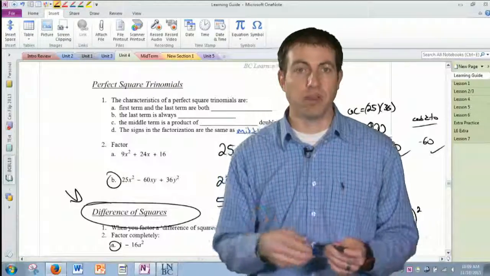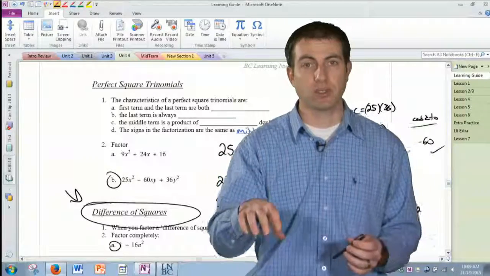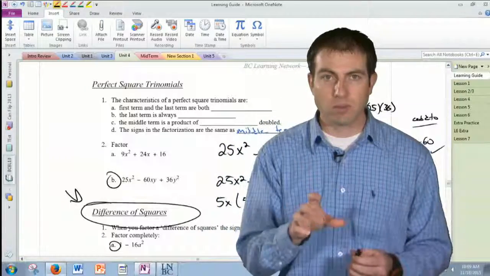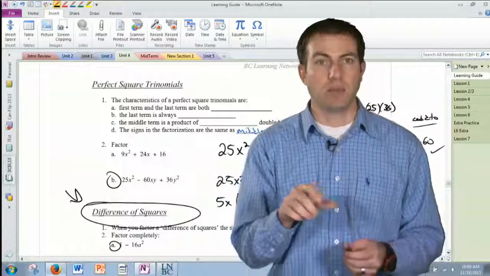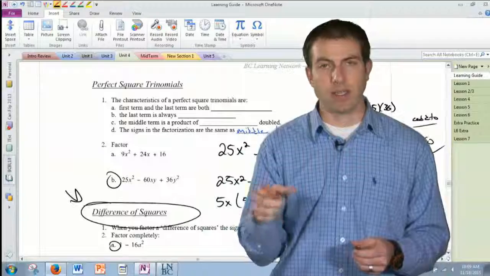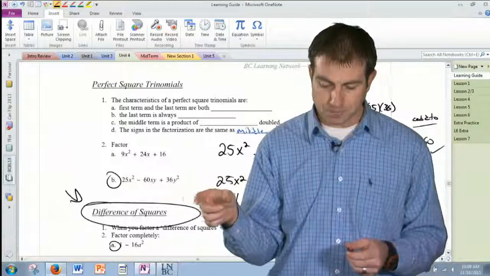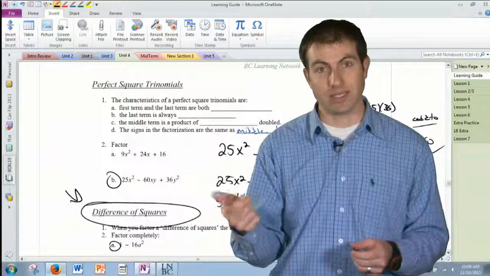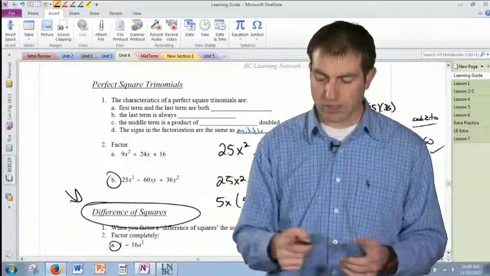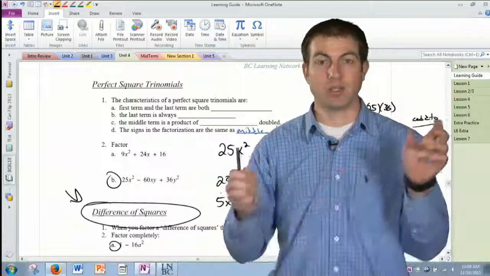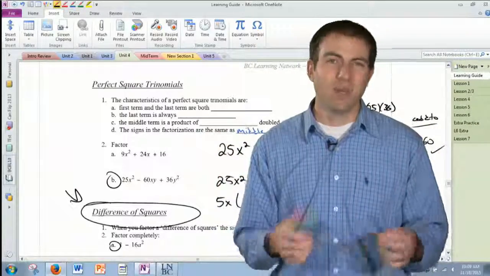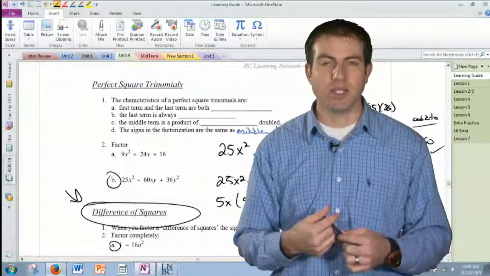The important thing to remember is there's an easier way to factor perfect square trinomials. You can look at the terms and say it's a perfect square. So the first one is going to be 5x, and the last one, because it's 36y squared, is 6y. If we look at our answer, the 5x and the 6y are the square roots of the first and last terms, but sometimes it can be hard to identify them.